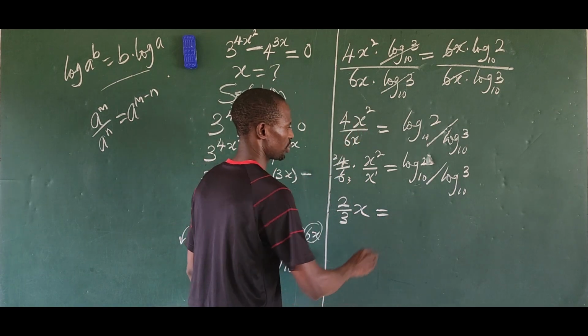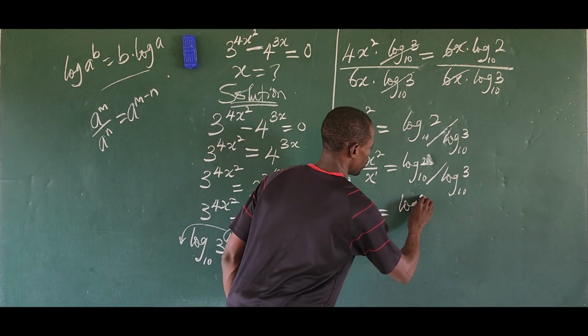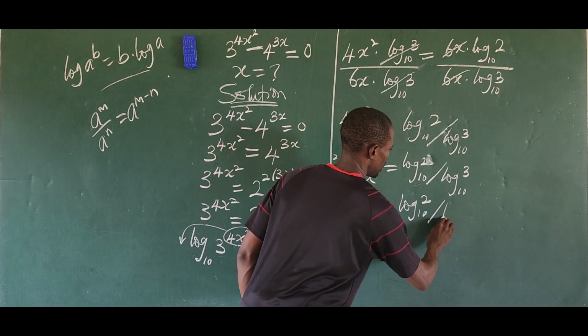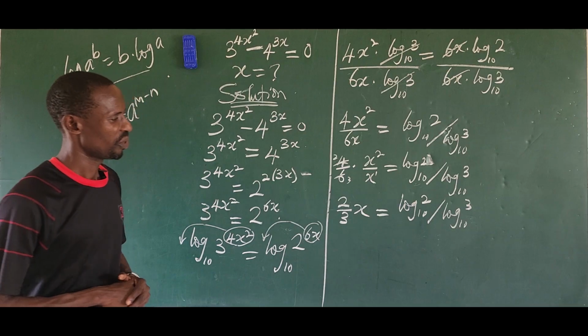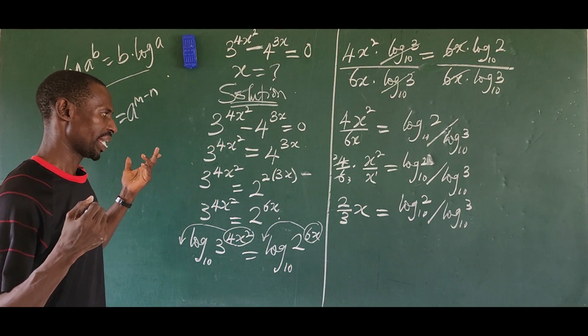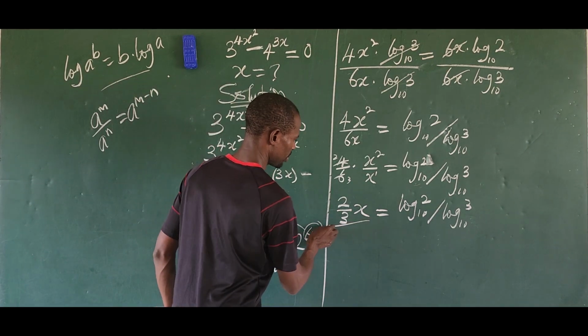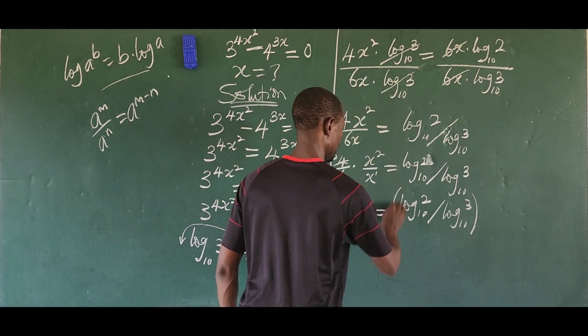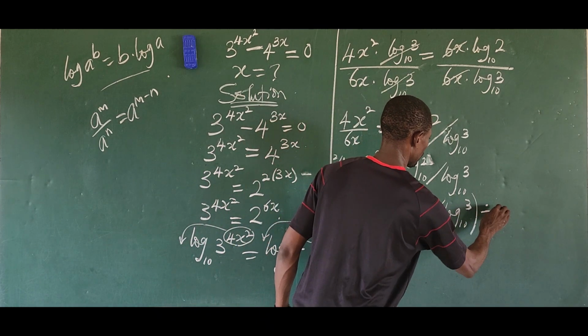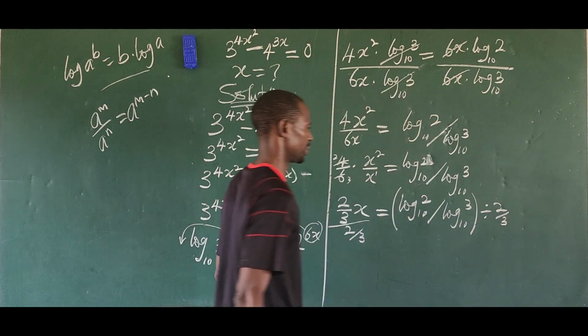So this is equal to log 2 base 10 all over log 3 base 10. We are looking for x, so we divide through by 2 all over 3.